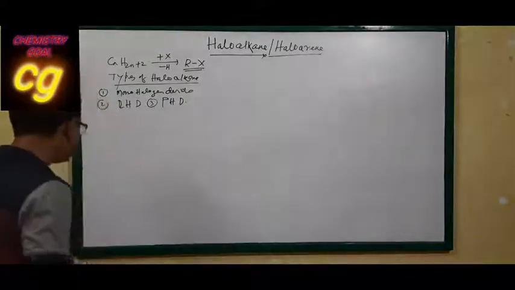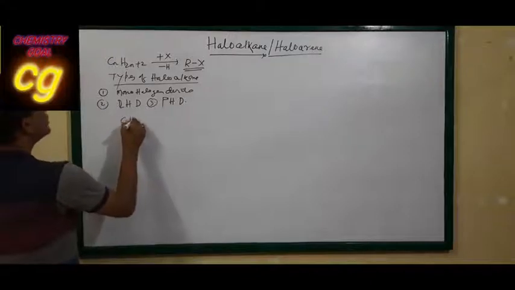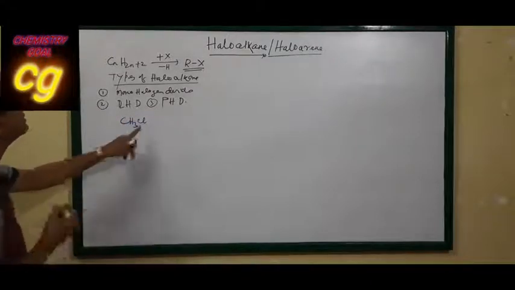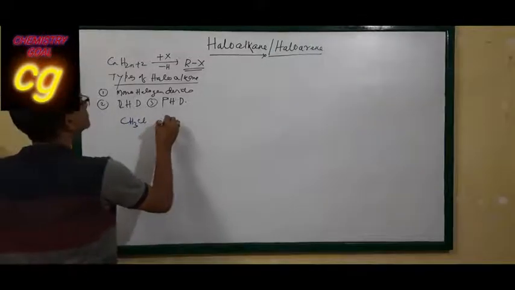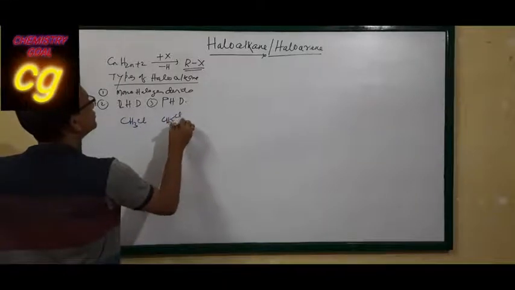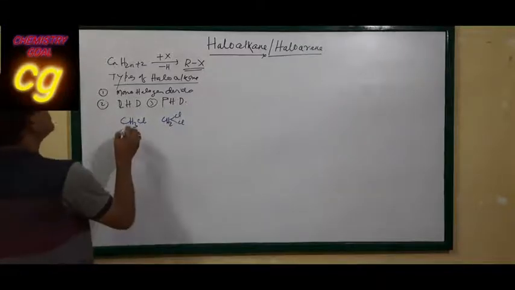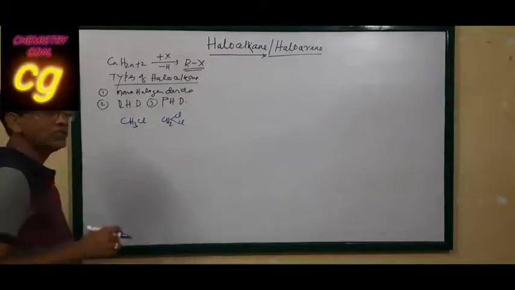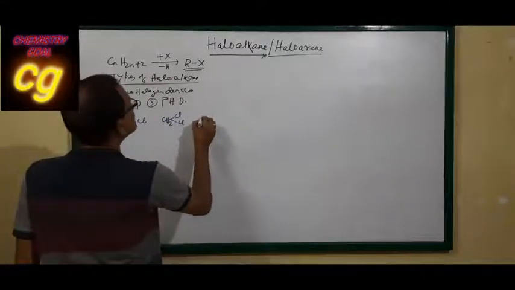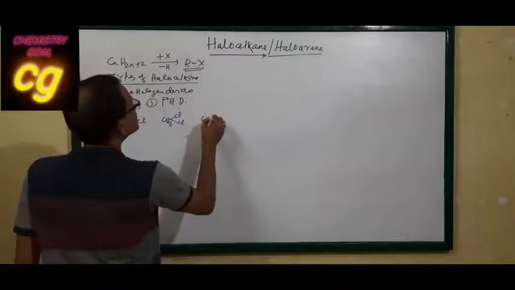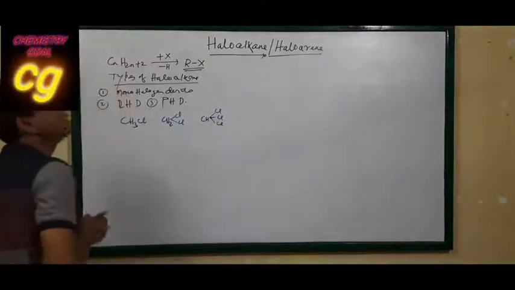If you take examples, suppose you write CH3Cl, this is a monohalogen derivative. If you write CH2Cl2, this is called a dihalogen derivative. So this is monohalogen, dihalogen, like this. More than that, suppose you write CHCl3, that is a trihalogen derivative.